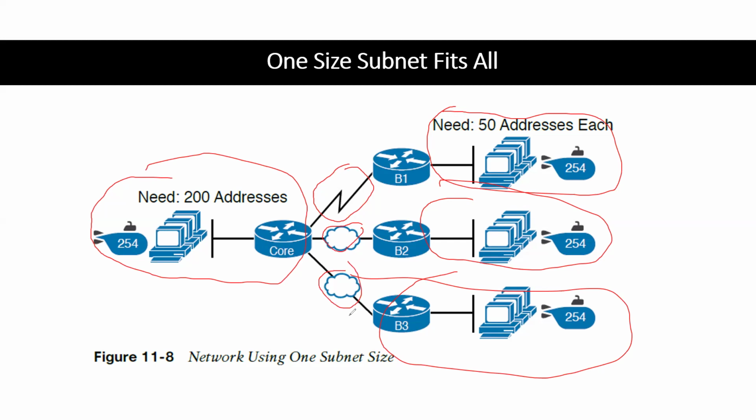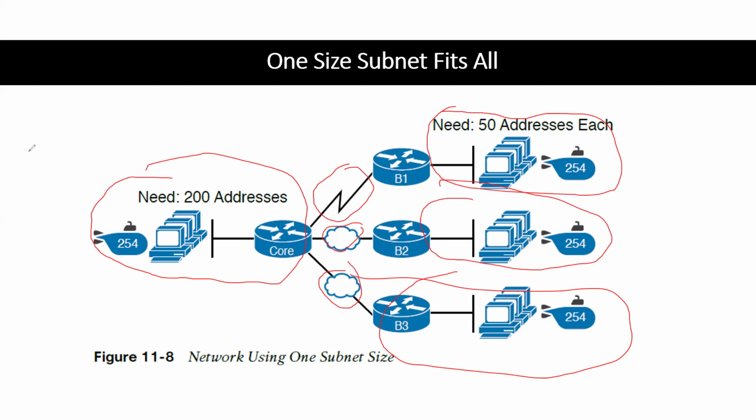That means each subnet, I'm not going to make it smaller for each. Everybody's going to have available to them 200 addresses, even though they don't need it. So I'm going to make it a slash 24, right? That gives them, as far as usable host addresses, 254 addresses.